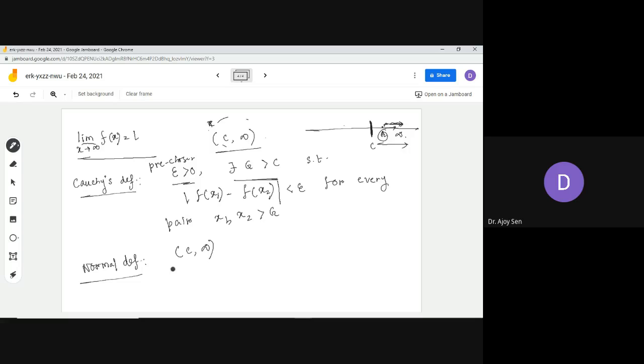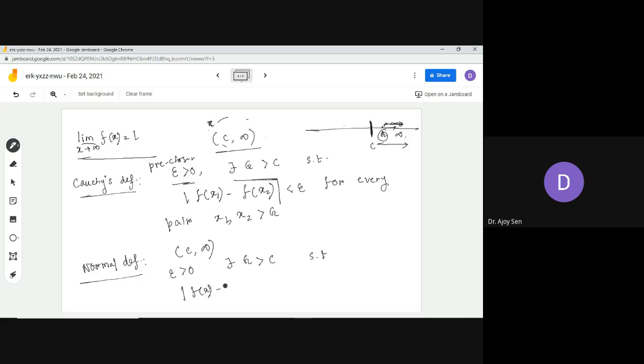When will this happen? If, corresponding to an epsilon which is obviously a pre-assigned positive, small number, there exists g which is obviously greater than c, such that this thing holds. What is the thing?